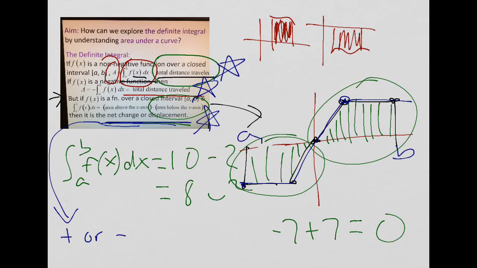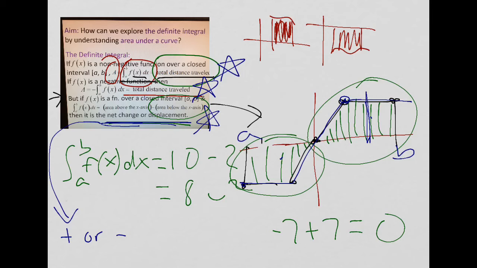If I change a over more, which is why I moved it in the first place to make it look symmetric, and this was smaller, then we'd have the situation like before: a negative answer. So it depends on what our graph looks like.